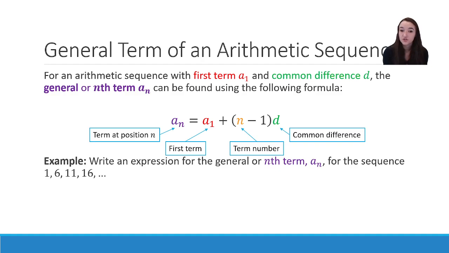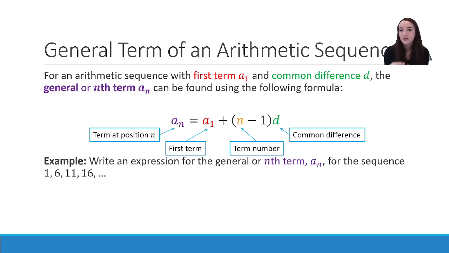We want to write an expression for the general or nth term, an, for the sequence 1, 6, 11, 16. So here we're going to assume it's an arithmetic sequence because that's the only type of sequence we've really talked about, and it's the only one you know how to find the general term for so far. But what if you weren't given that? What if you didn't know for sure it was an arithmetic sequence?